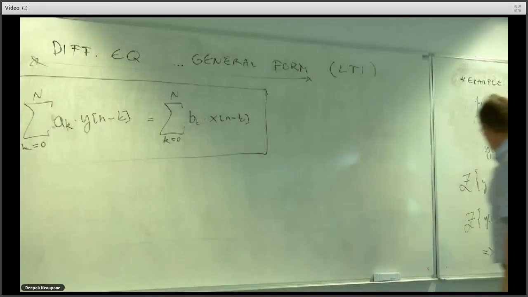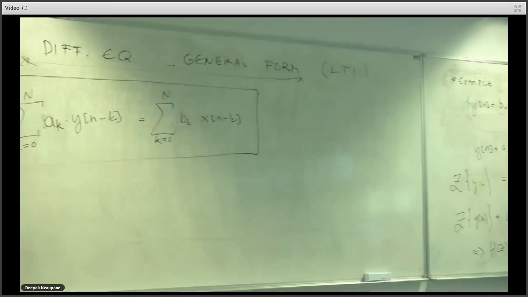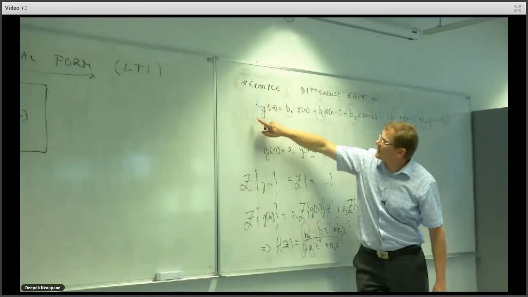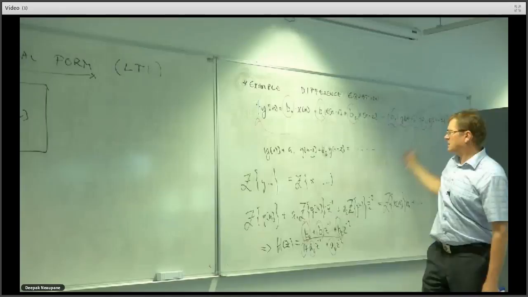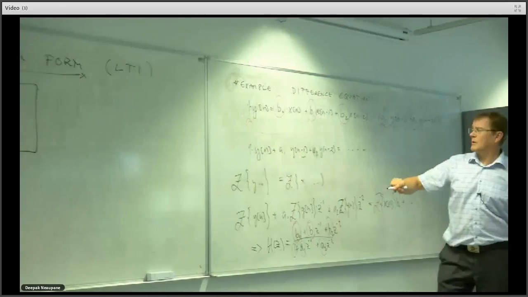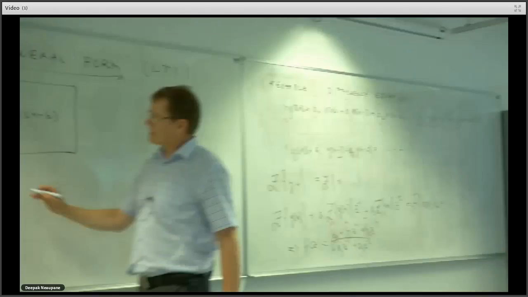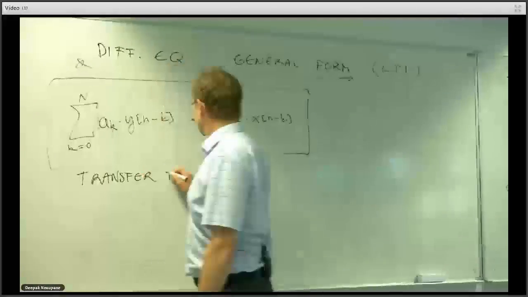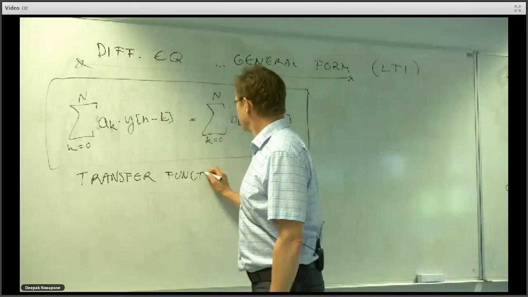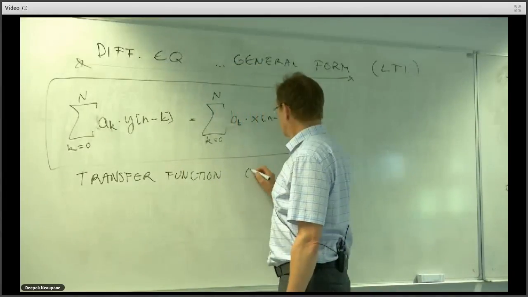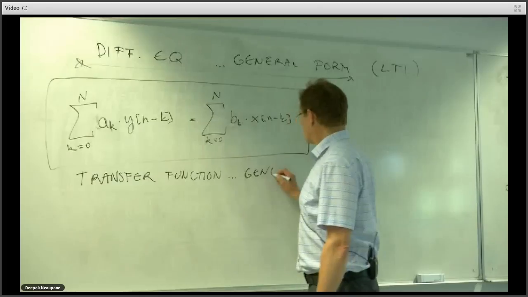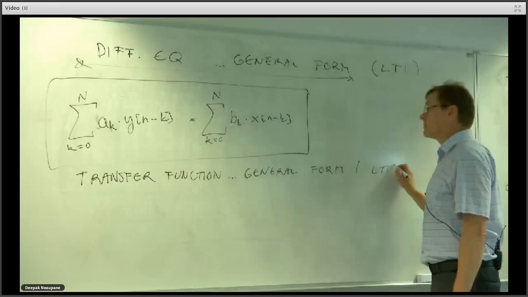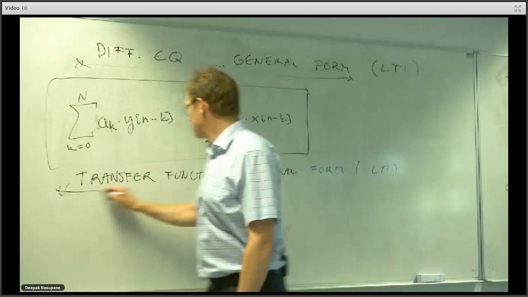And just comparing here, H of z, I had b0, 1, 2, 1, which was just this scaling factor. And I did do some magic here. Then the transfer function, the same thing, for that general form and for linear time invariant systems.